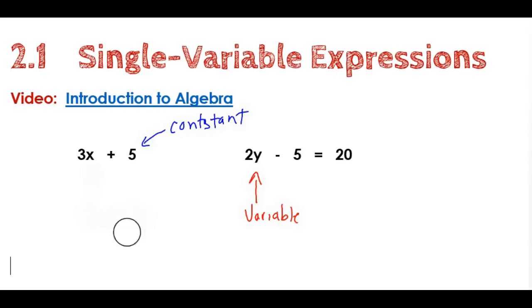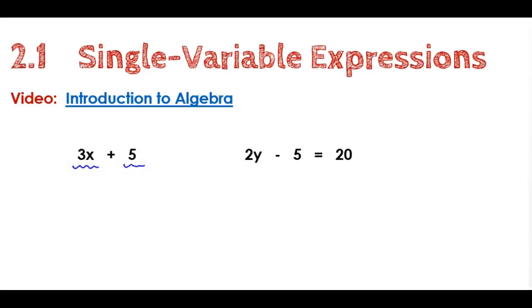Now, each little part of the equation that is separated by a plus or a minus, addition or subtraction, is called a term. So in this case, I have a term in 3x, and I have a different term in 5. So this is a 2-term expression, and we'll talk about the language for that a little bit later on in this lesson.